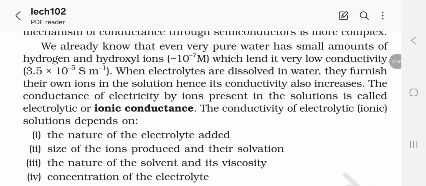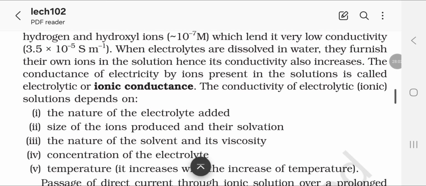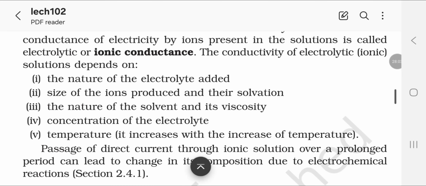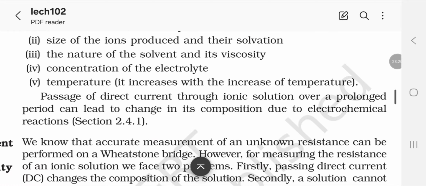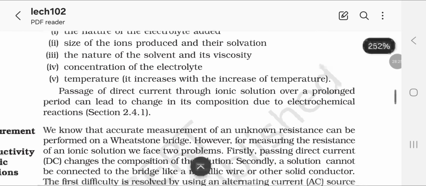The conductivity of an electrolytic solution depends on, first, the nature of the electrolyte added; second, size of the ions produced and their solvation; third, the nature of the solvent and its viscosity; fourth, concentration of the electrolyte; fifth, temperature. Passage of direct current through an ionic solution over a prolonged period can lead to change in its composition due to electrochemical reactions.